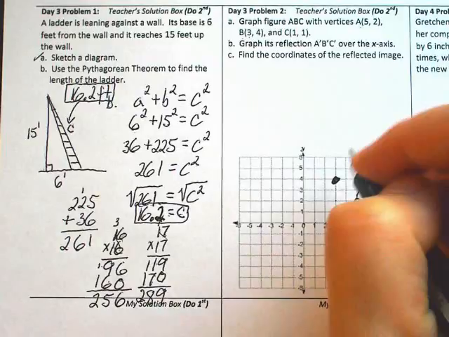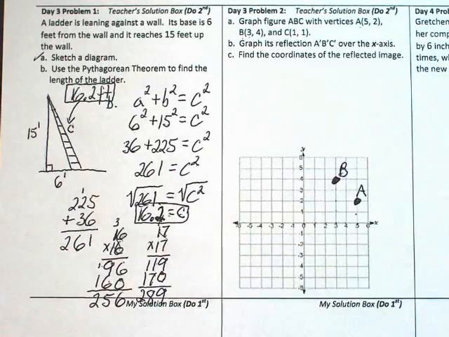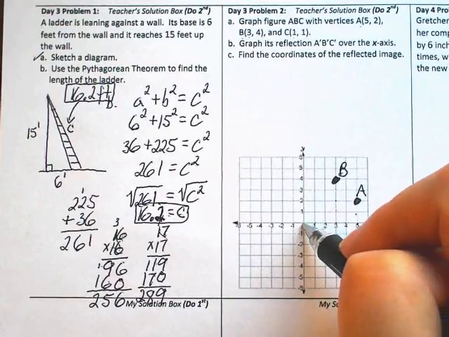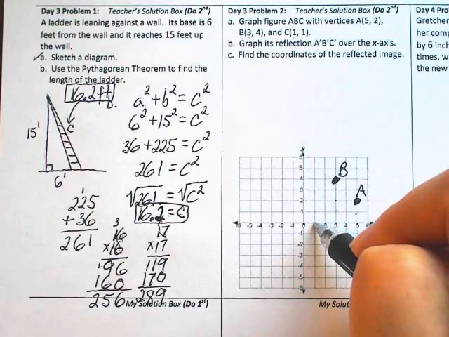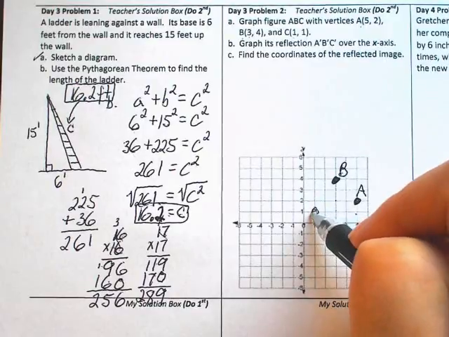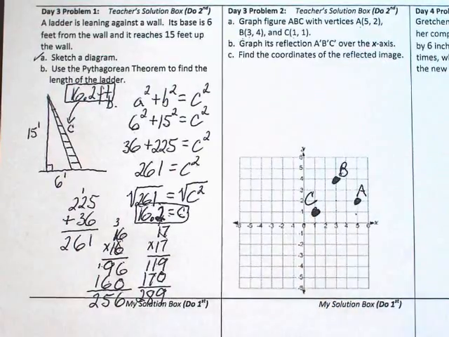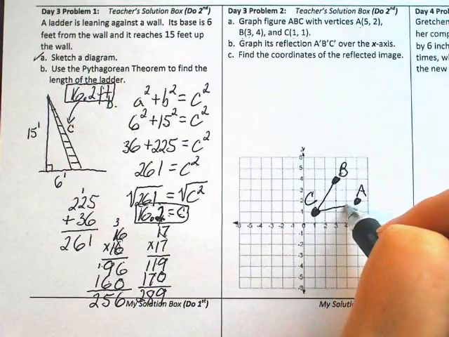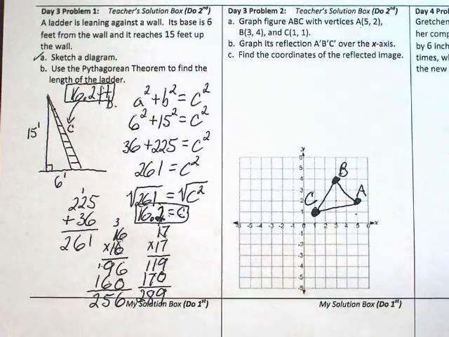Here's a dot. This is point B. And now point C, (1, 1). Again, starting at the origin, over 1, and up 1. There is the dot. That's point C. Connecting these together, we can see the triangle ABC.